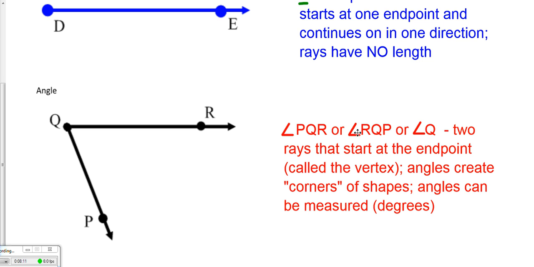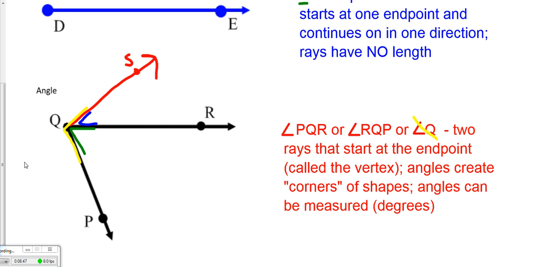Now we can call this one Q because there's only one angle coming off it. But if I were to draw another ray coming off of it, and let's put a point here and call it S, well, I can no longer call this green one angle Q, because we don't know if we mean this green angle Q, or maybe this blue angle Q, or maybe even this yellow, the really, really big angle Q. So we can no longer call it angle Q because there are all these different things coming off it.